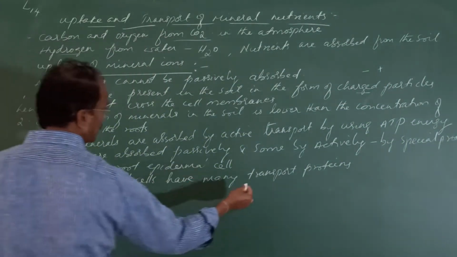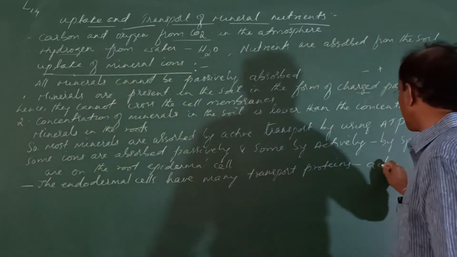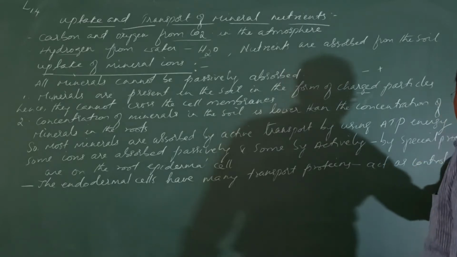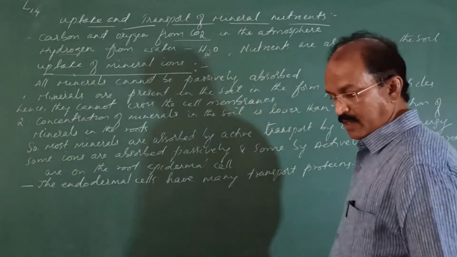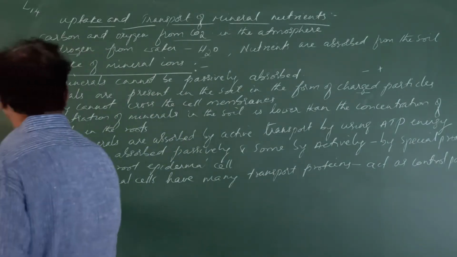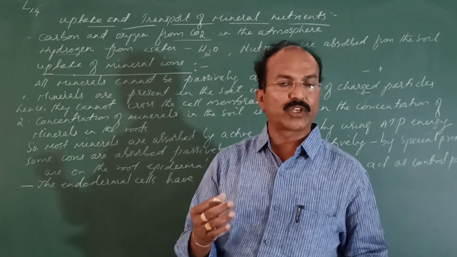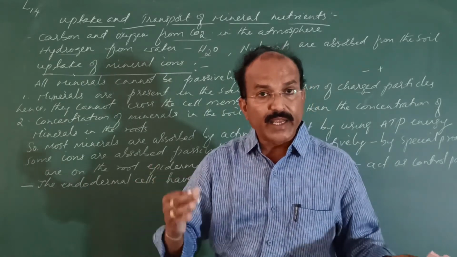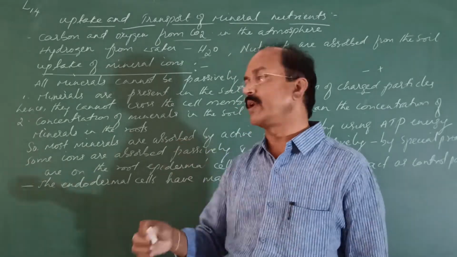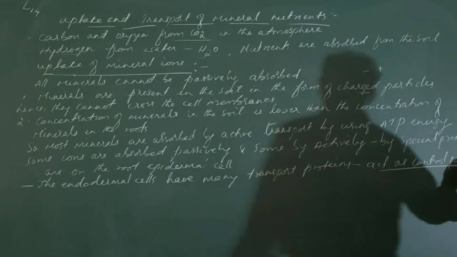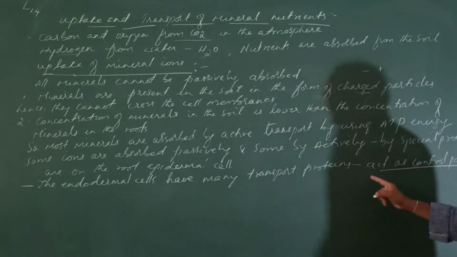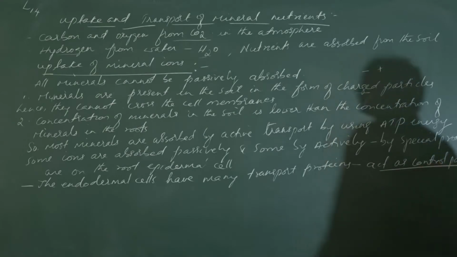What does control point mean? The plant adjusts the quantity of the solutes and the type of the solute that is allowed into the xylem. So the transport proteins of the endodermis act as a control point.